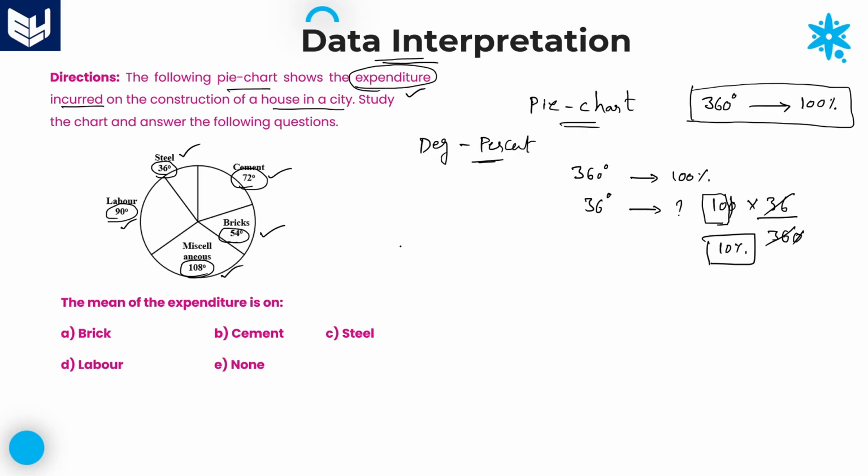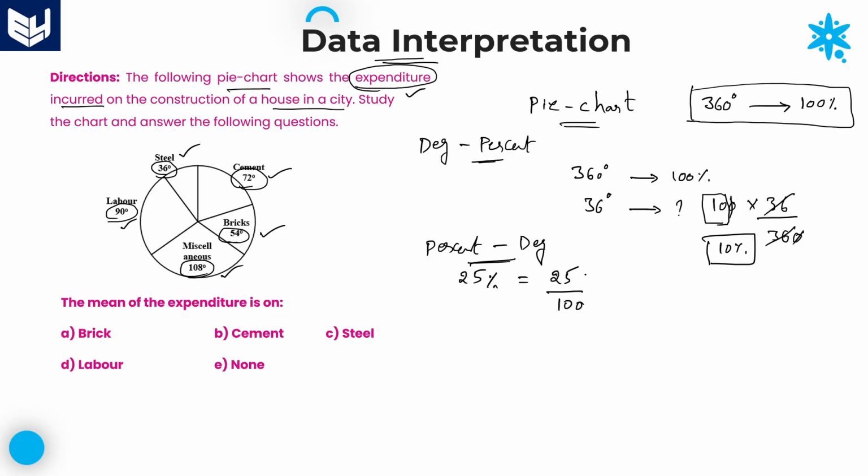Suppose it is the reverse approach. Let us take 25%. Now we are converting percentage to degrees. 25% is equal to how many degrees? 25% means 25 by 100.